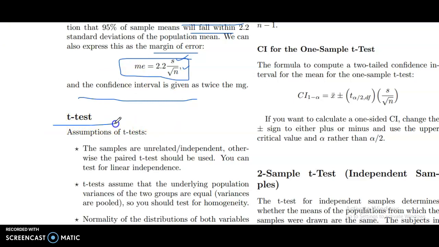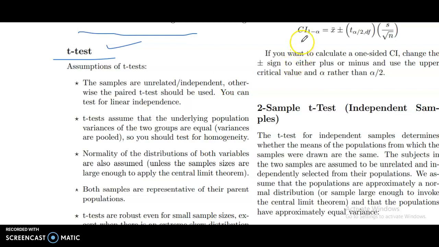Assumptions of the t test. The samples are unrelated or independent. Otherwise, the paired t test should be used. You can test for linear independence.